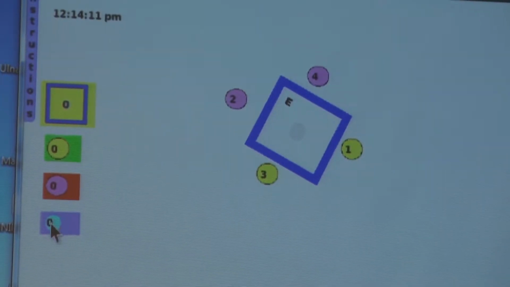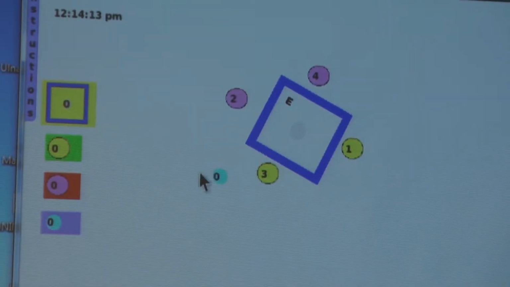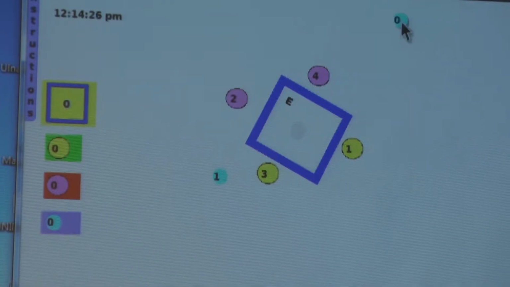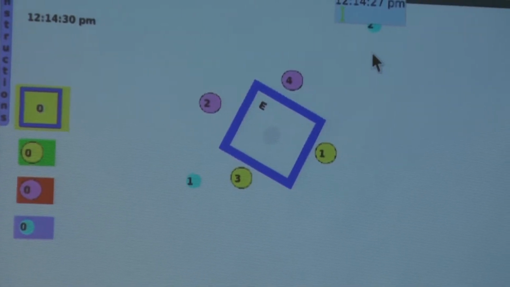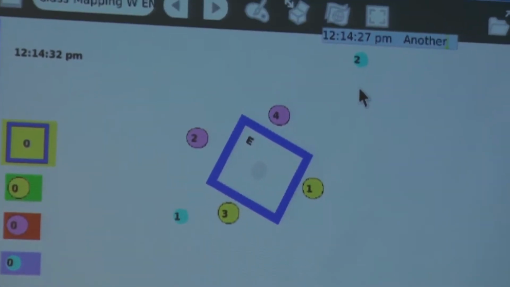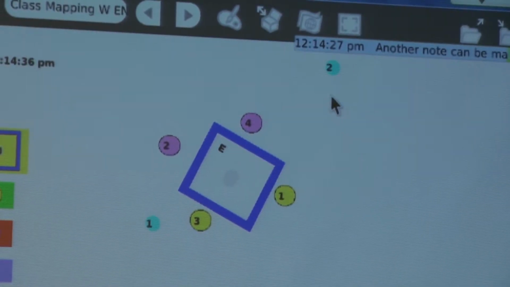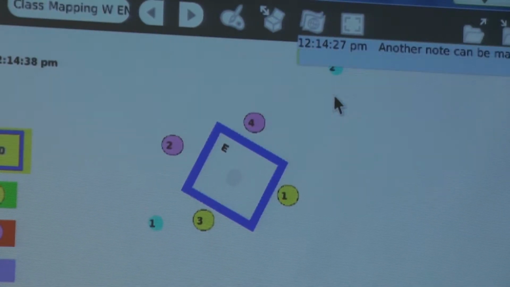And then this is an adult, the teacher. When you click on that, a timestamp comes up, and you can type. When you hit the pipe, it goes away. If you bring out another one to indicate the teacher is here and click on it, it increments, and another note can be made, for as long as I want to type.